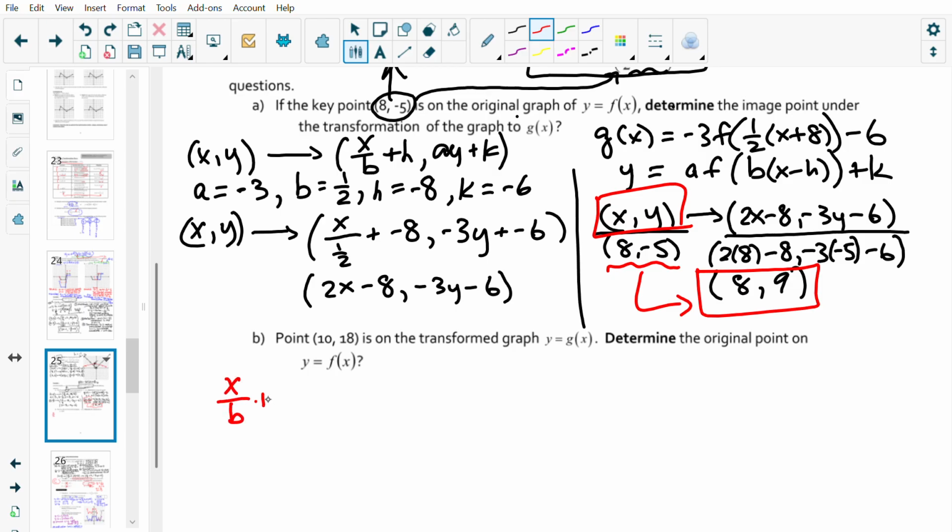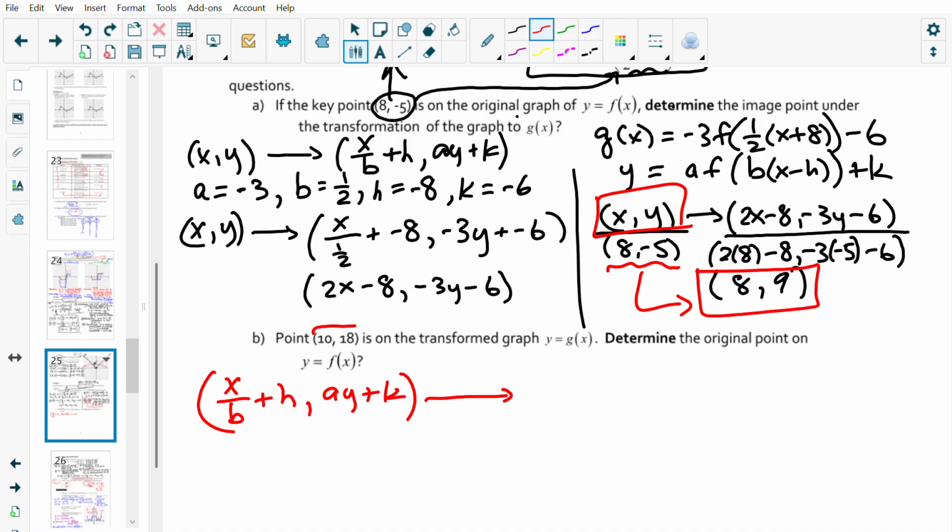Okay, so let's do this. I'm going to rewrite it this way: x over b plus h, comma, ay plus k. We're reverse transforming.